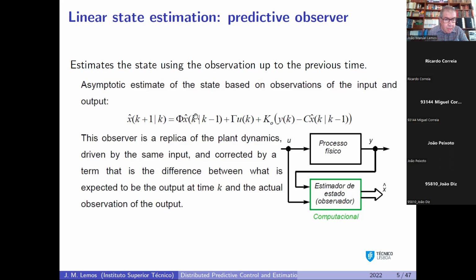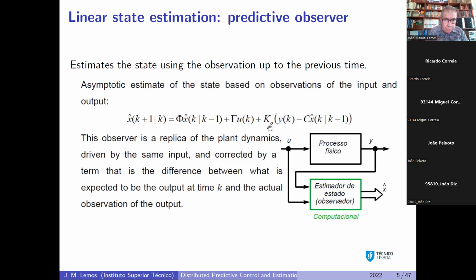Now it's not difficult to see that if you have just this replica, you wouldn't be able to make the estimation error, the difference between x hat and x, converge to 0. If phi is an unstable dynamics, then this error would diverge.